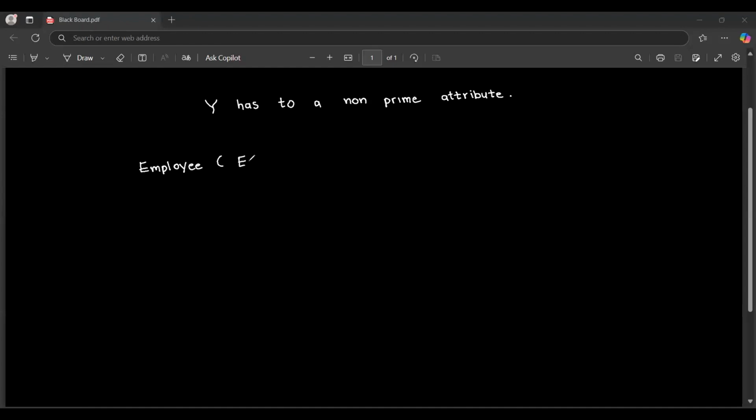In that they have emp ID, and that will be the primary key, obviously. And what if they also had their NIC number? We know the NIC number could have been the primary key. Why? It is a candidate attribute.